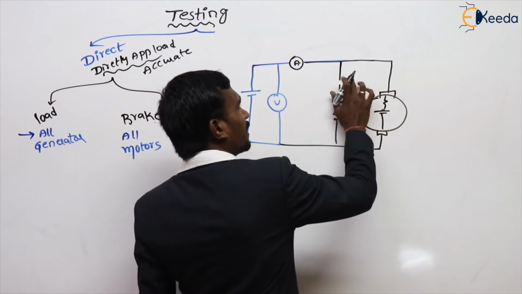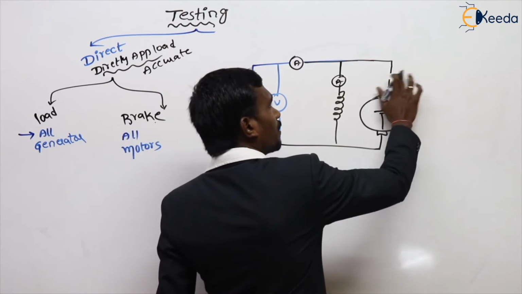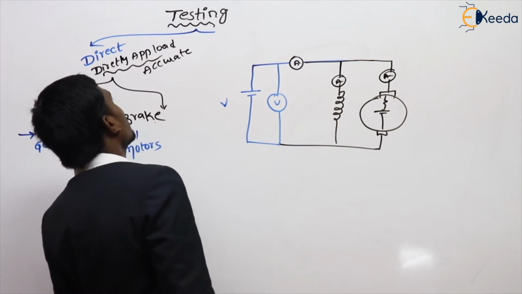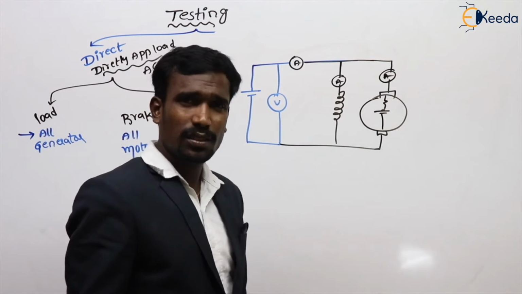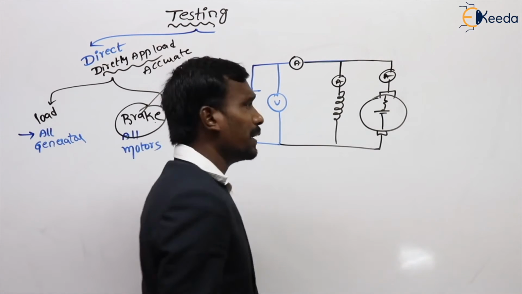To know the field current, we take one ammeter, and to know the armature current also, we take one ammeter. And here we have to apply the brakes, because this is a brake test.